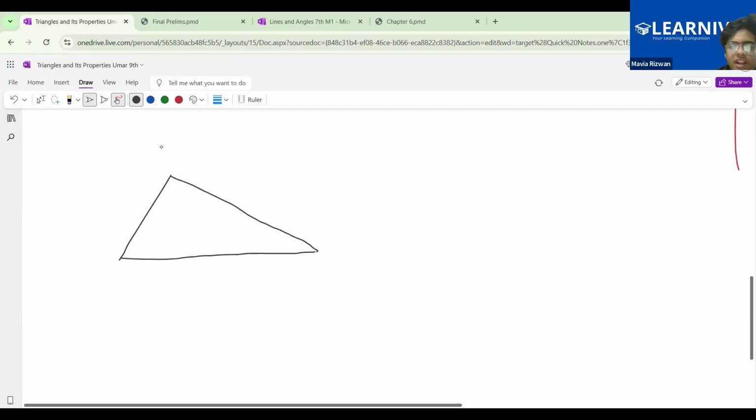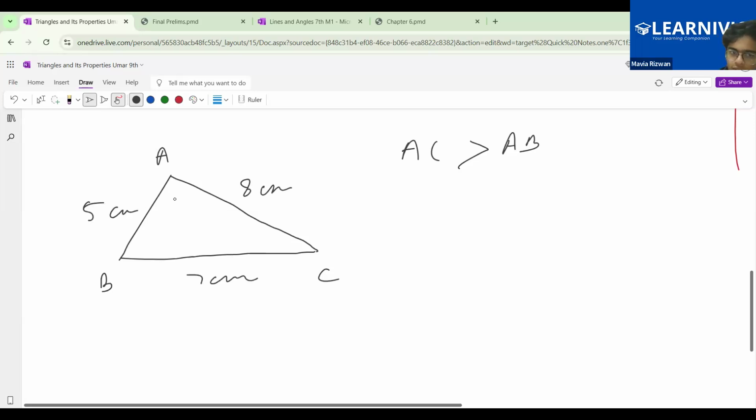Okay. Guys, I have this triangle ABC. We can clearly see that AC is longer than AB, right? It is very clear. Let's say this is 8 centimeters, this is 5 centimeters. Let's say this is 7 centimeters. We can clearly see AC is longer than AB.